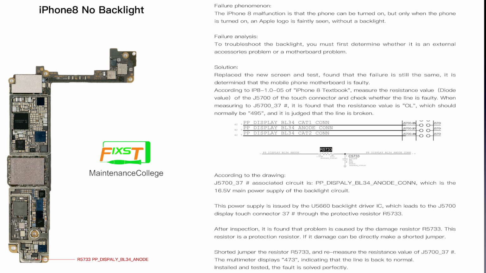This power supply is issued by the U5660 backlight driver IC, which links to the J5700 display touch connector pin 13.7 through the resistor R5733. After we tested, we found this resistor was damaged, and then we made a jumper across the two pins of the resistor, and that fixed the problem.